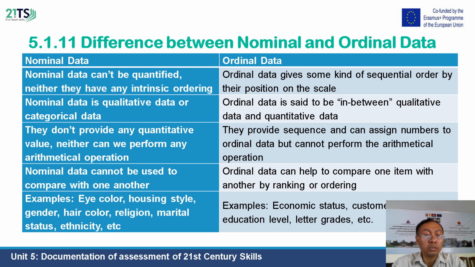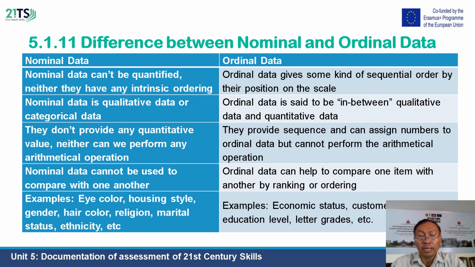Nominal data don't provide any quantitative value, nor can we perform any arithmetical operation. Ordinal data, on the other hand, provide a sequence, and we can assign numbers to ordinal data, but cannot perform arithmetical operations. Nominal data cannot be used to compare one item with another.